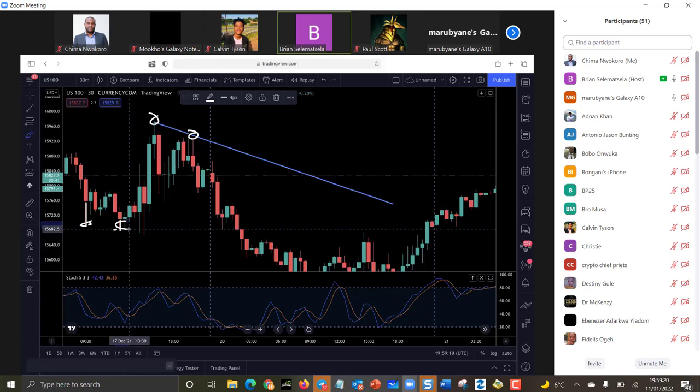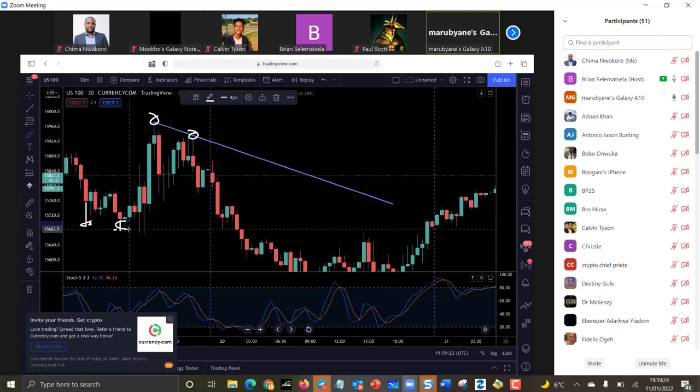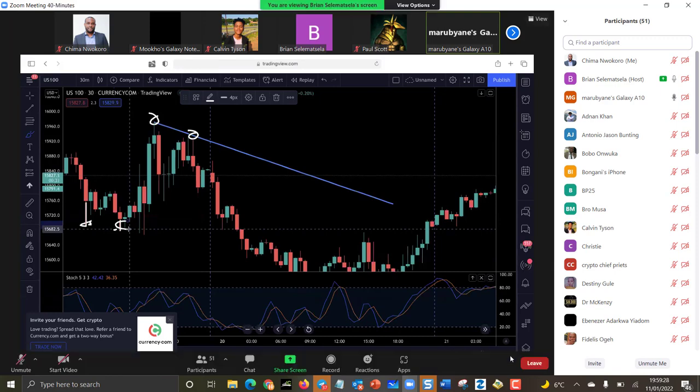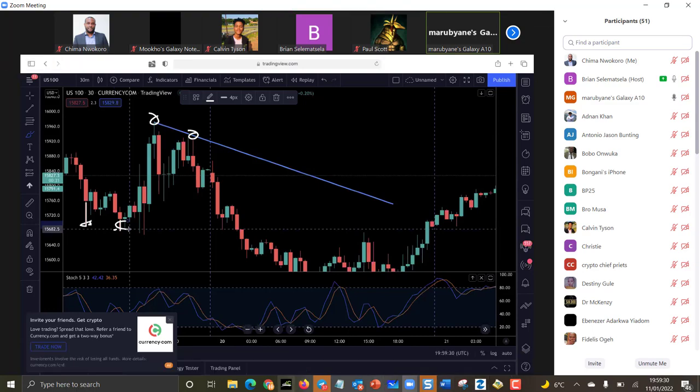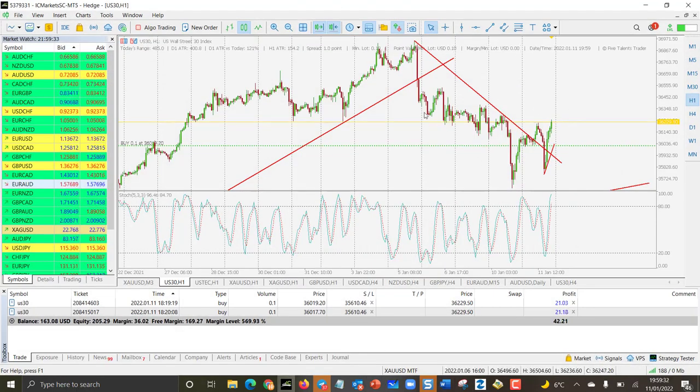Okay, the last one. When coming to searching for the footprint on the chart, maybe you go through the chart.